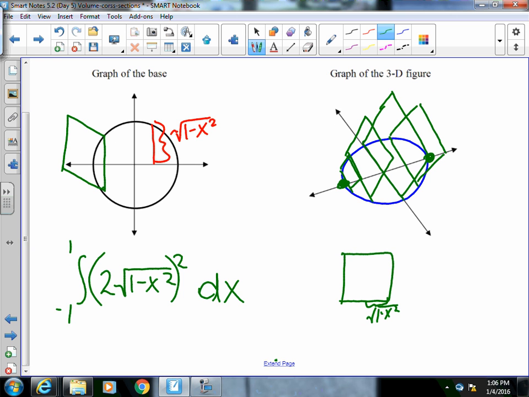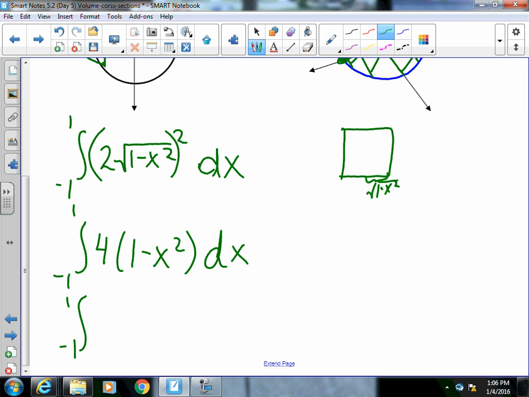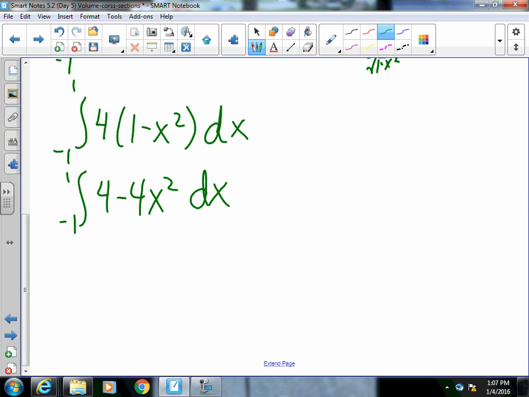So we are left with the integral from -1 to 1 of 4 times 1 minus x squared. And we can simplify this: 4 minus 4x squared. We anti-derive: 4x minus 4/3 x cubed, and we're doing this from -1 to 1.